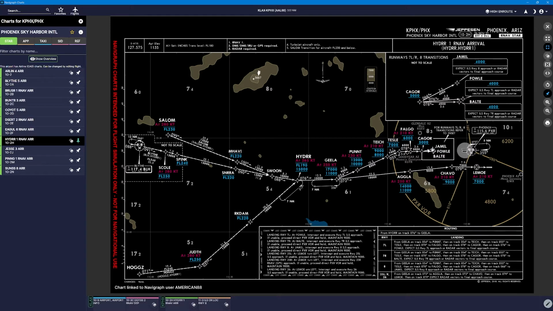So if we were to put runway 8, and then we would choose the arrival, then we would pick Hyder 1 out of the arrival. It would not make sense for the flight computer to shoot you off over here going this way if you were planning on landing on runway 8. So by design, it would shoot you off to the left and get you prepared for the approach for runway 8.